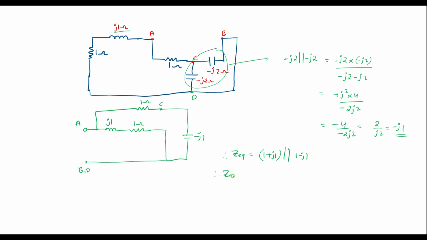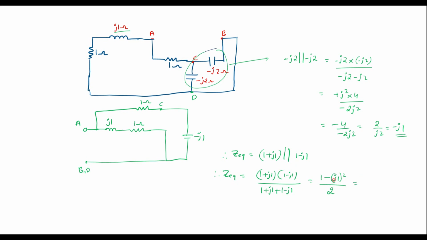So therefore, Z equivalent is equal to this into this divided by this plus this. Let me simplify. 1 plus J1 into 1 minus J1 divided by 1 plus J1 plus 1 minus J1. It is of the form A plus B, A minus B, that is A square minus B square, that is 1 square minus J1 square divided by, here J1 will get cancelled.